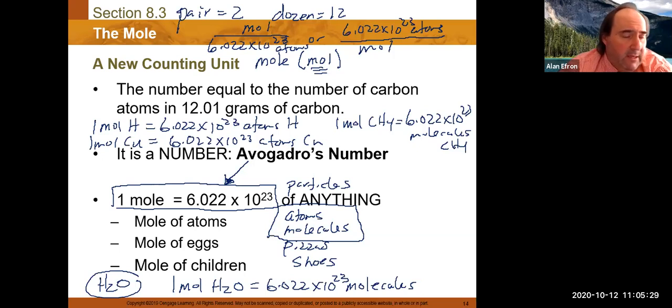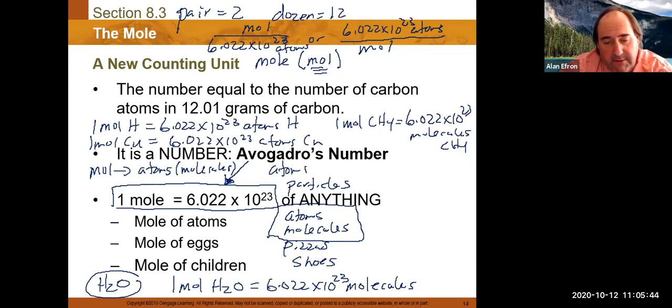So we use Avogadro's number as a conversion factor to go from moles to atoms or molecules, or vice versa. If we have atoms or molecules, we could go to moles. So it really is our conversion factor to go between those two things.